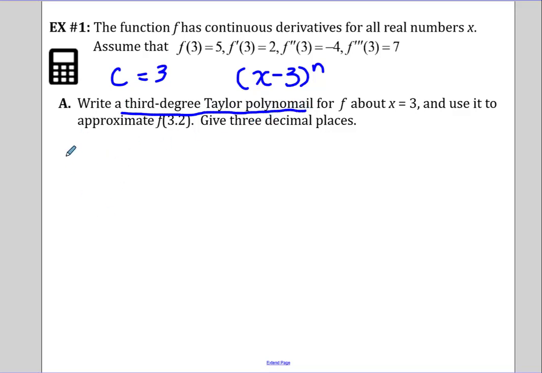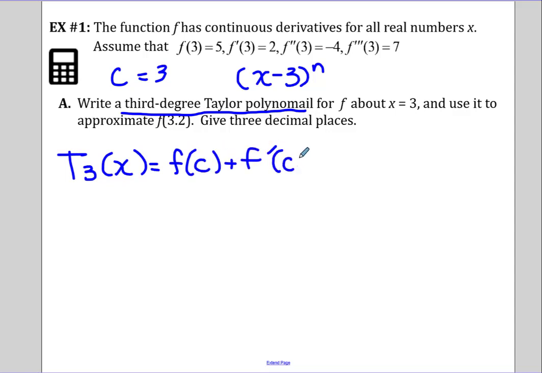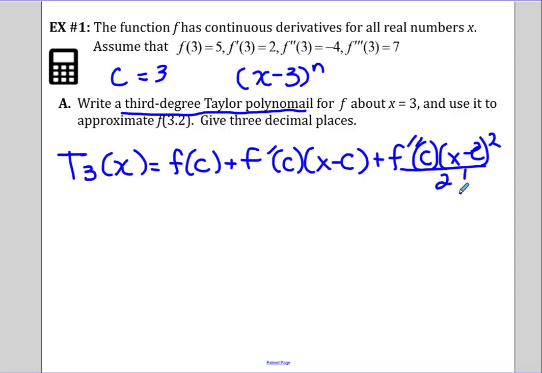So putting together a third degree Taylor polynomial in x, we want the f of our c plus the f prime of our c times x minus c over 1 factorial plus our f double prime of c times x minus c squared over 2 factorial.